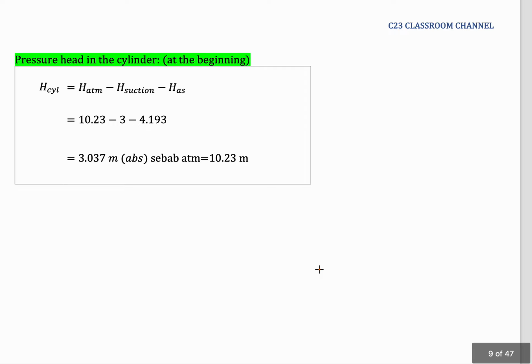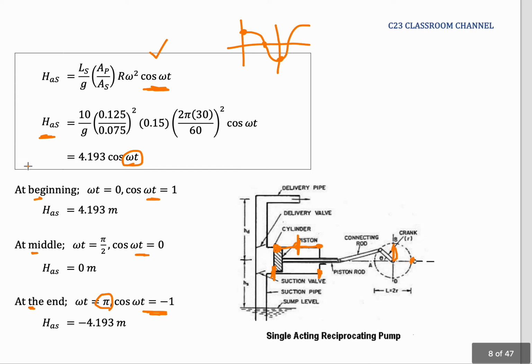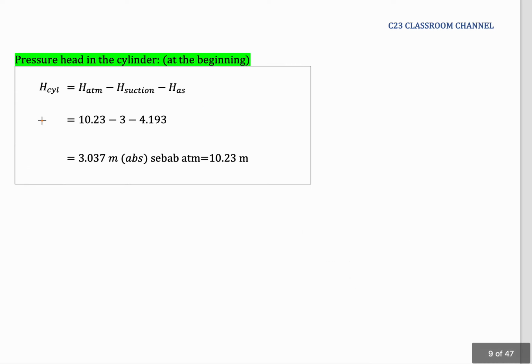And then we could calculate the pressure head in the cylinder. Please be careful. Previously, we calculated the acceleration head, and now we are going to calculate the pressure head in the cylinder. We could calculate it by using this equation.